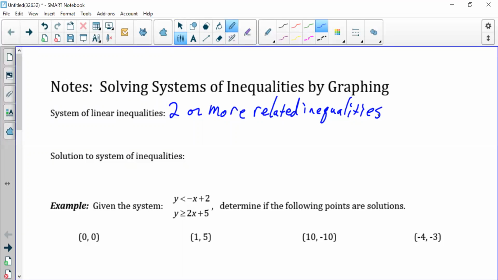All right, what is the solution to a system of inequalities? Well, it's any and all points, specifically XY coordinate points, that satisfy both inequalities.